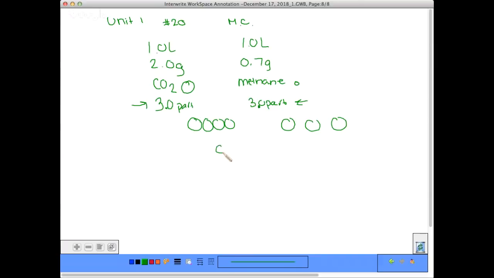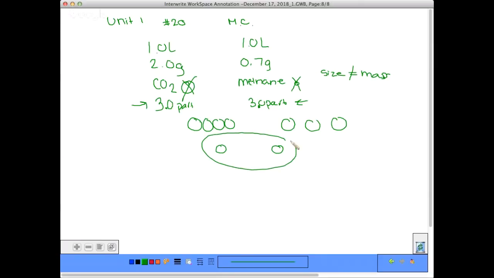These particles could be the same size, but one's going to be more massive. So even though this right here may be larger than methane, that's not going to necessarily depict mass. Size of the particles does not necessarily mean the same as mass. Now, these particles could be spaced differently, but if they were spaced differently, that might not necessarily take into consideration their mass.